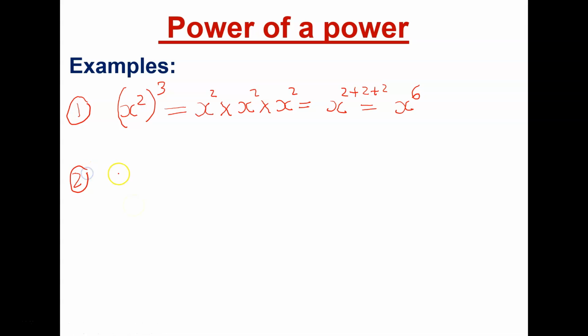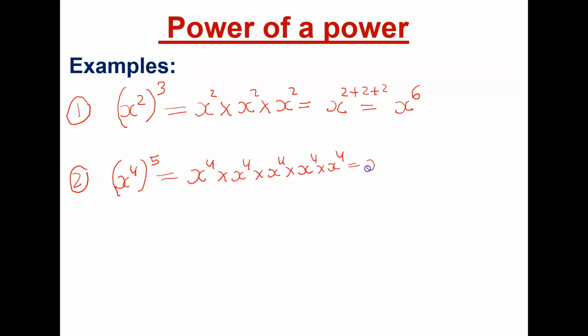Now, suppose that I take x to the power of 4, to the power of 5. That's the same as x to the power of 4 times x to the power of 4 times x to the power of 4 times x to the power of 4 times x to the power of 4, 5 times.